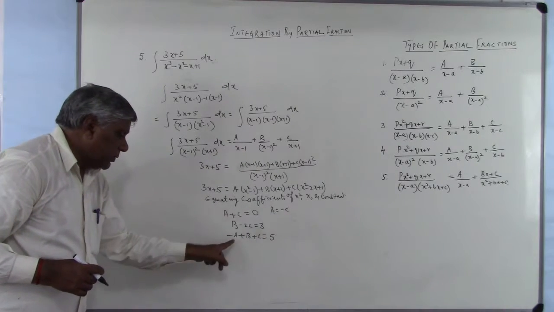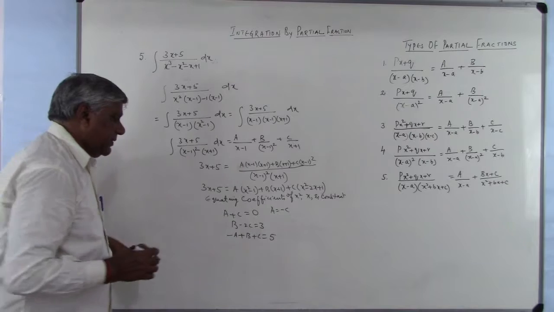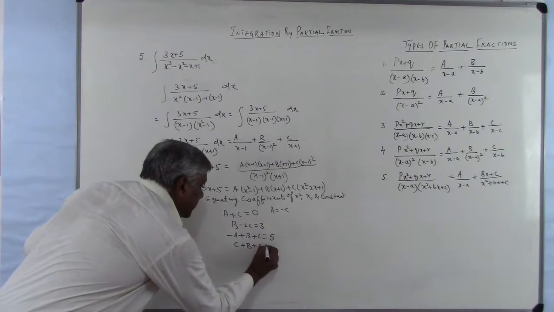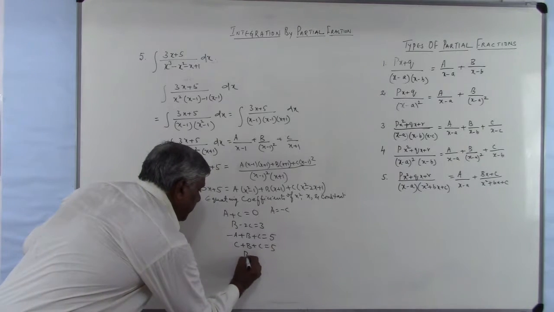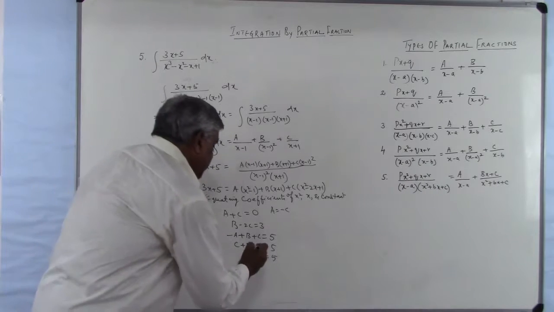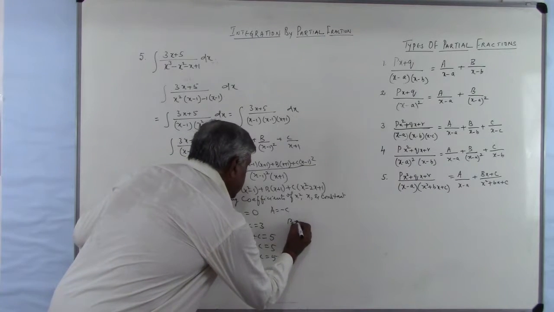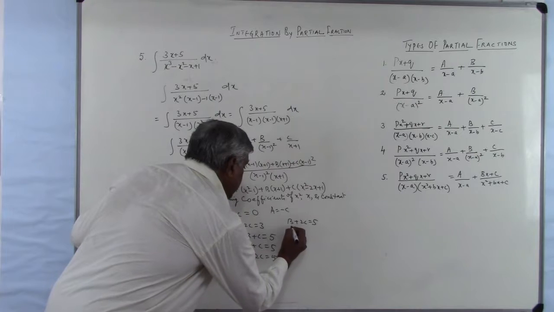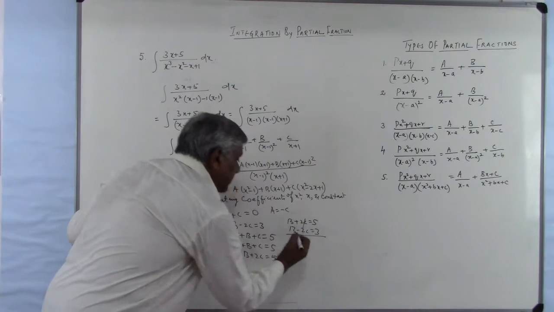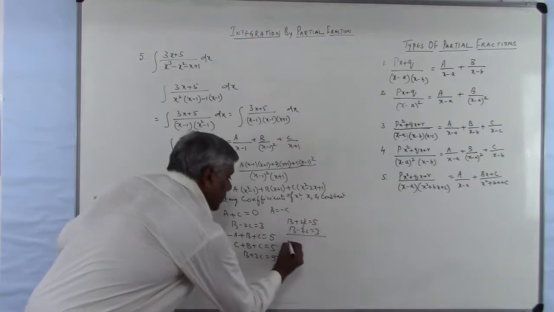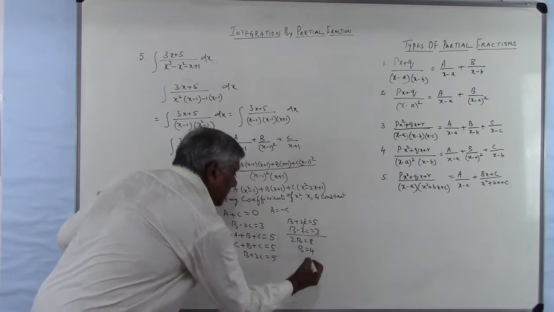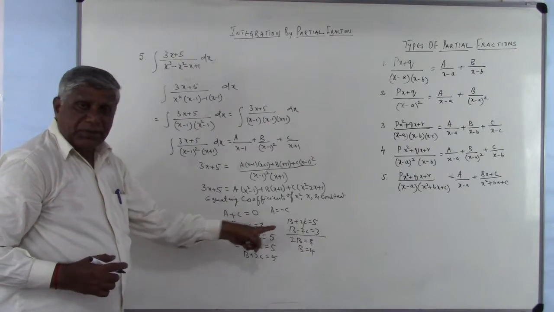Now I am going to substitute minus a here with c. So here plus c plus b plus c equal to 5, or b plus 2c is equal to 5. Now solving these two, b plus 2c is equal to 5, b minus 2c is equal to 3. What happens? This gets cancelled. 2b is equal to 8, b is equal to 4.